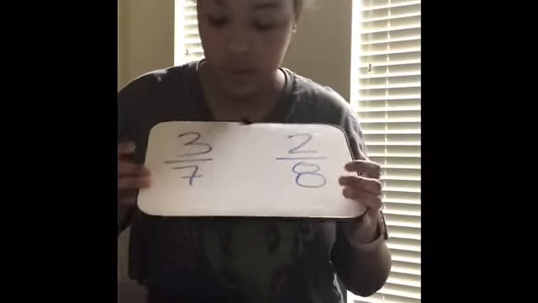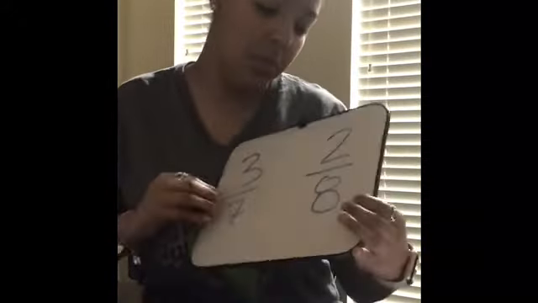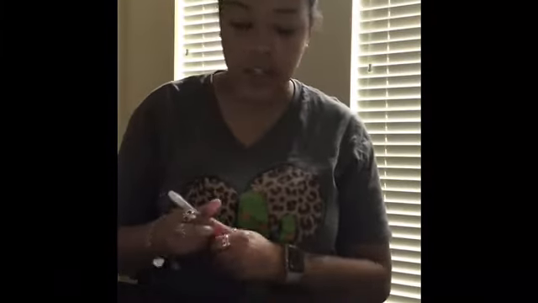You won't know which one is closer to 0. It's not the easiest way to do that, okay? So we can create common denominators, and we're going to use 3/7 and 2/8 to see which one is greater, okay?